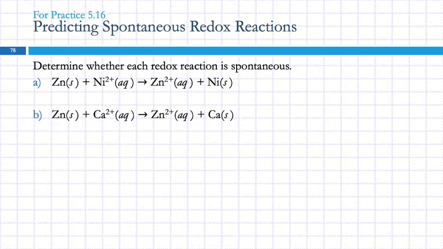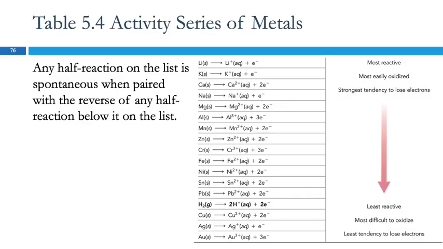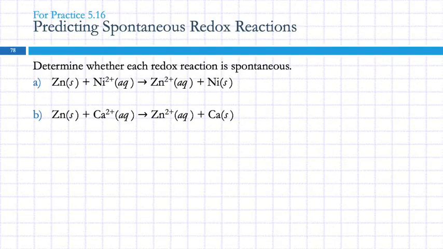Well, who's cooler? Calcium. Got to look at the list, right? So you guys were paying attention. Here's calcium. Calcium is cooler, right? So is this going to happen where calcium comes with the girl and loses her to zinc? No. Not going to happen. So this is not spontaneous.